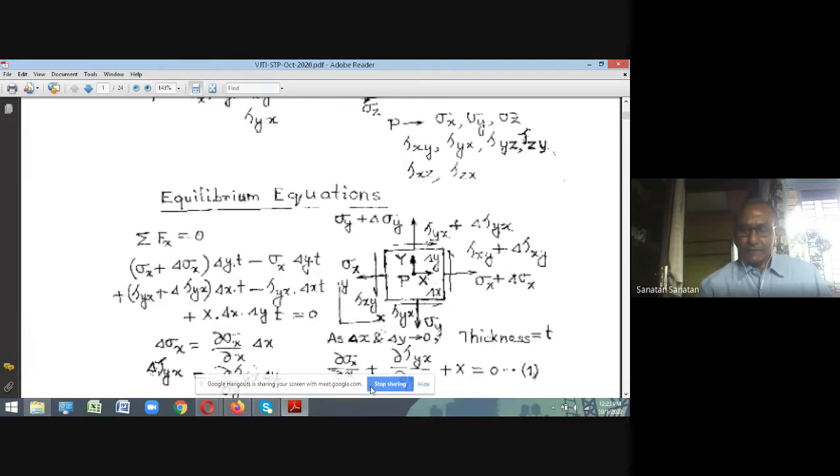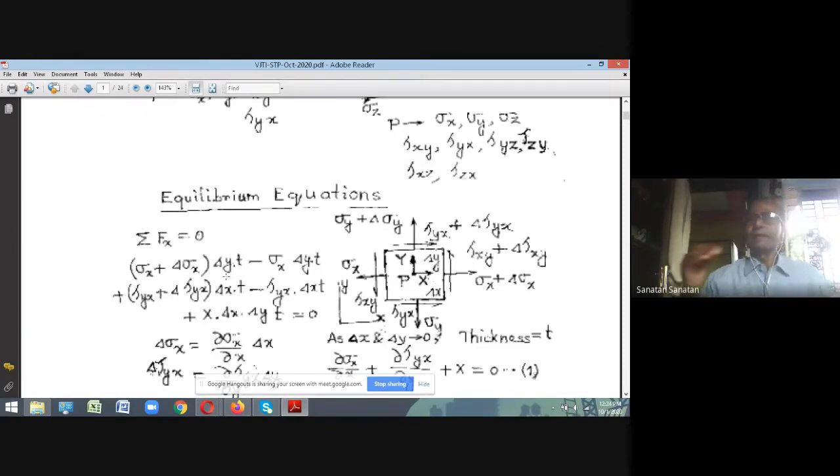Both are the same, and they are separated by a distance of delta y. Therefore, the moment of these stresses is tau yx multiplied by delta x delta y into t. So the moment acting in the anti-clockwise direction is tau xy multiplied by delta x, delta y into t, and the moment acting in the clockwise direction is tau yx multiplied by delta x, delta y into t.